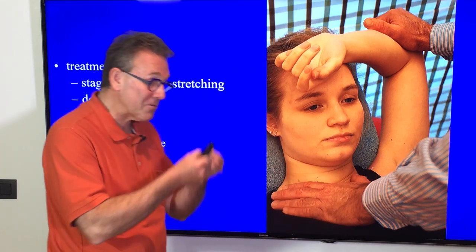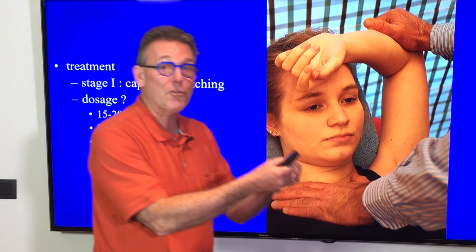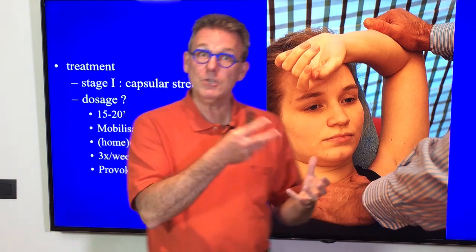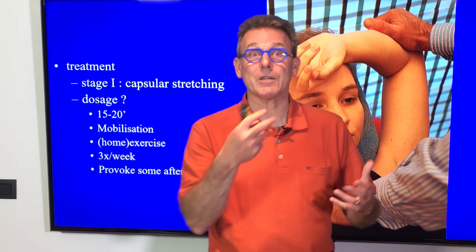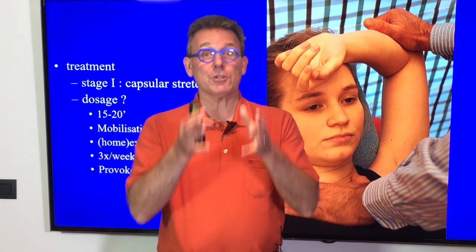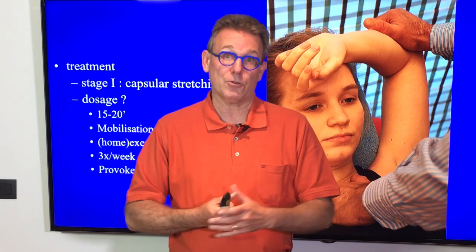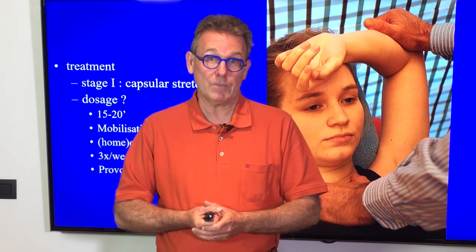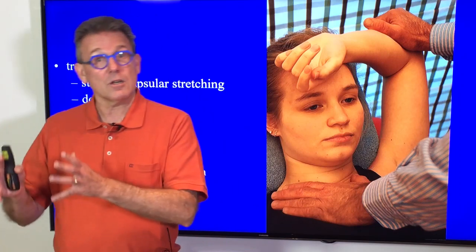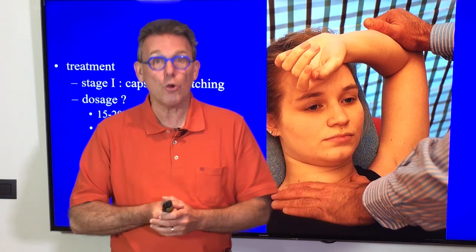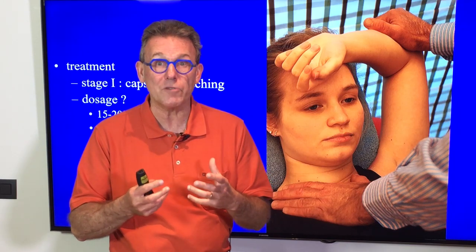You go to the end of the movement, you go further, it hurts, you stay there for about 30 seconds, you release the tension and you repeat it all over again. And you do capsular stretch in every possible direction. And you do that for about 15 or 20 minutes. You combine that with exercises and specifically also home exercises. So give the patient some homework. He has to keep on moving.